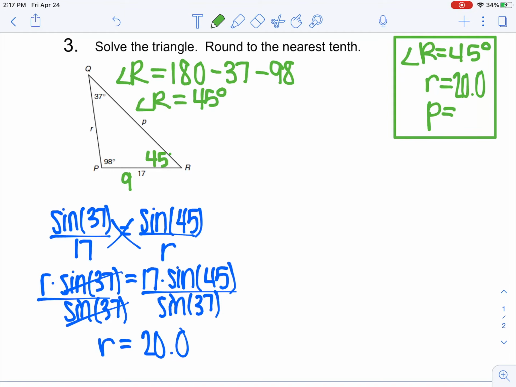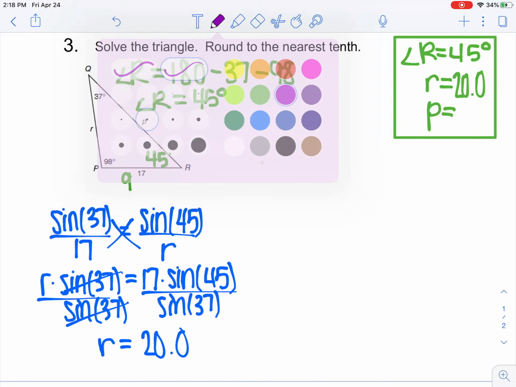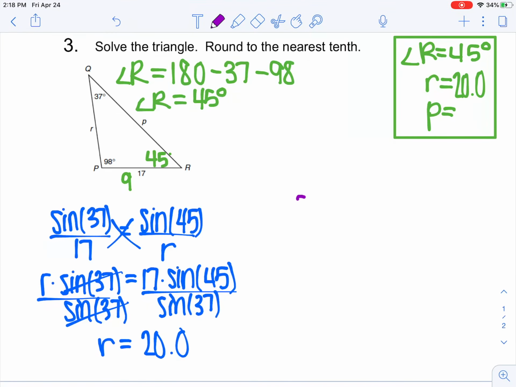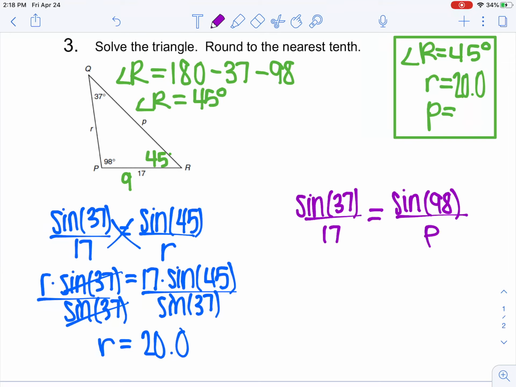Alrighty, last thing we need to solve for is side P. So I'm going to set up one more proportion. I'm going to start with that same thing: sine of angle Q over my side Q equals the sine of P, so the sine of 98 degrees, over little p, which is my side. I can cross multiply.